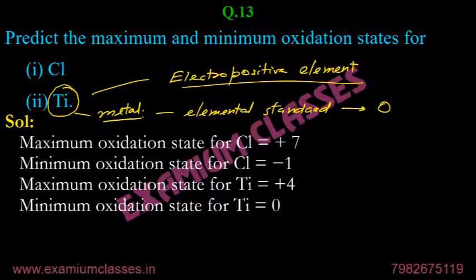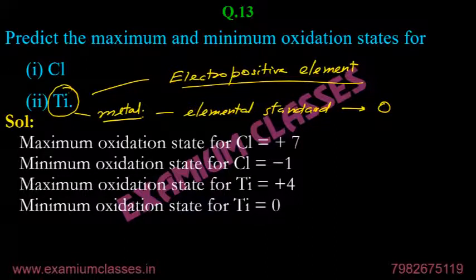It cannot have negative, so it cannot accept electrons, remember. So that's why it can lose only, and it can have +4 oxidation state maximum when it loses the 4. Okay.